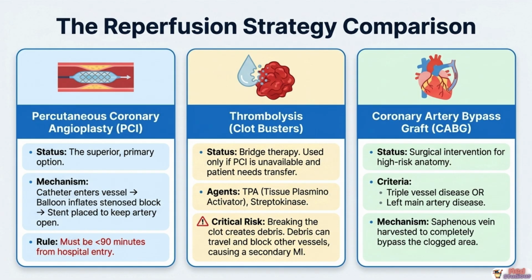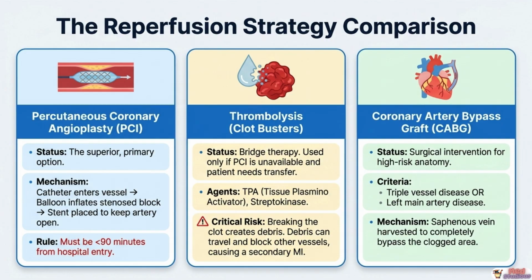A guiding catheter is advanced through the femoral or radial artery into the coronary ostium, a guide wire crosses the occlusion, a balloon catheter is advanced and inflated to crush the obstructing thrombus and plaque, and a stent is deployed to scaffold the vessel open and maintain patency. PCI is superior to thrombolysis in every outcome measure: TIMI flow restoration, reinfarction rate, stroke risk, and mortality.